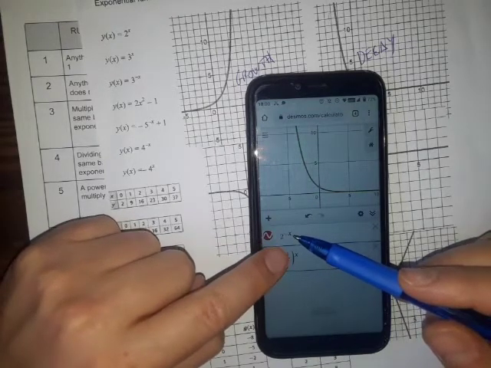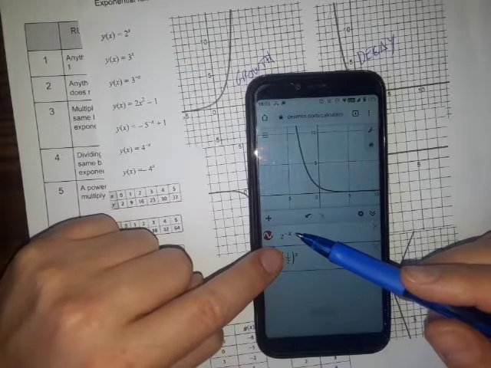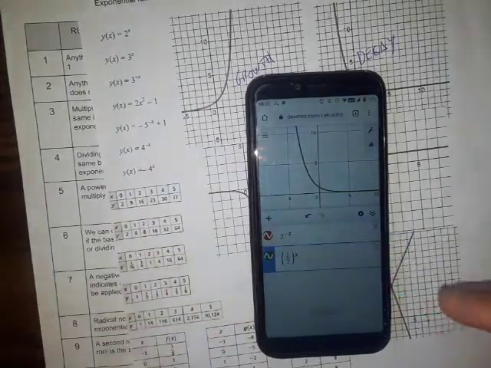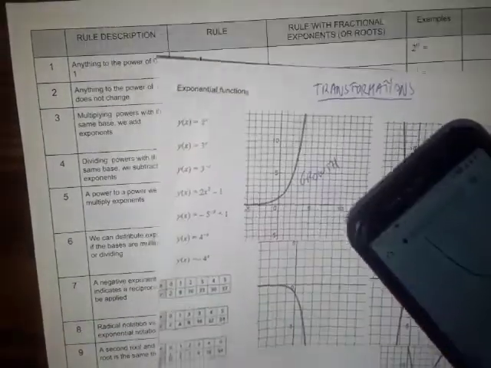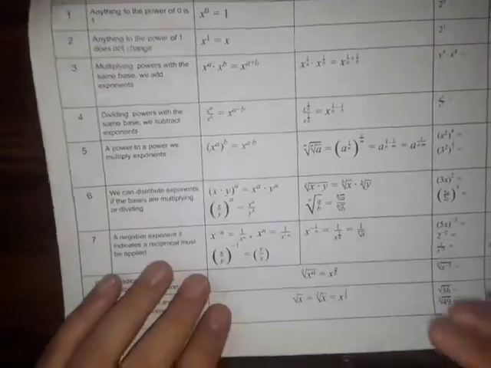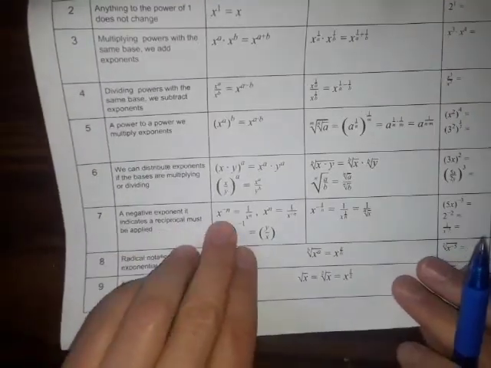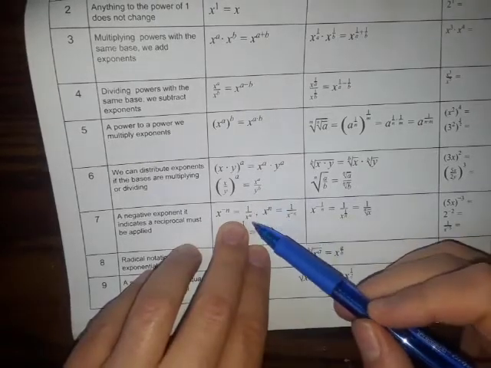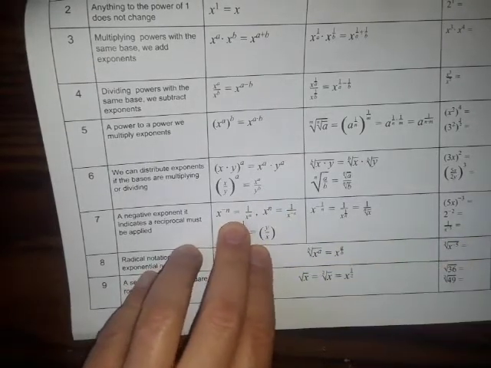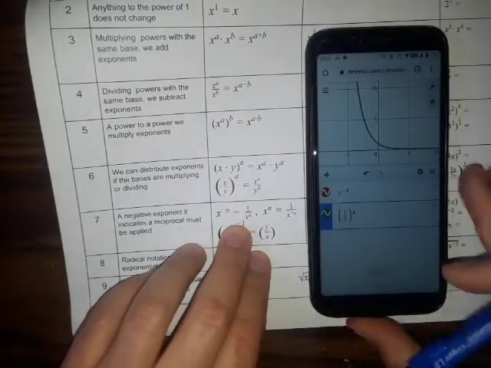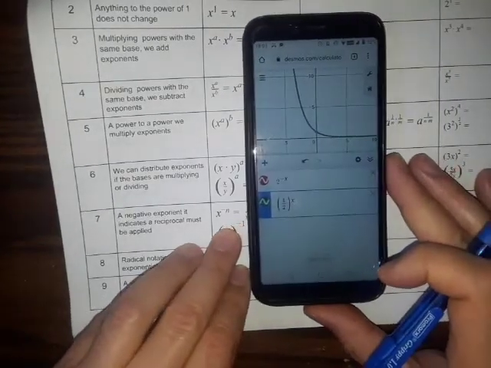One is green and the other one is red. It's exactly the same function. Okay. Why is this? Well, if you remember the rule that we did a few days before, x to the negative n equals 1 over x to the n. This rule here is the same one I'm applying in here. That's why they're the same. Okay?